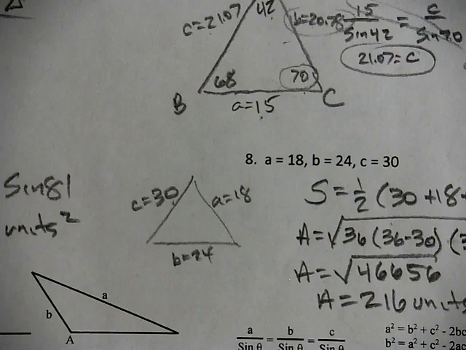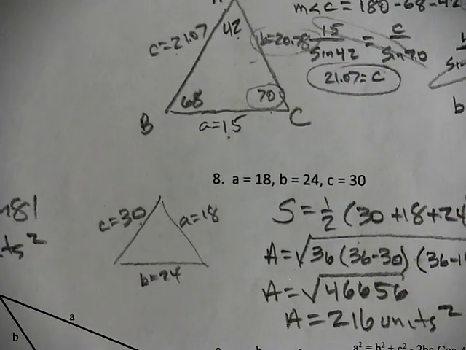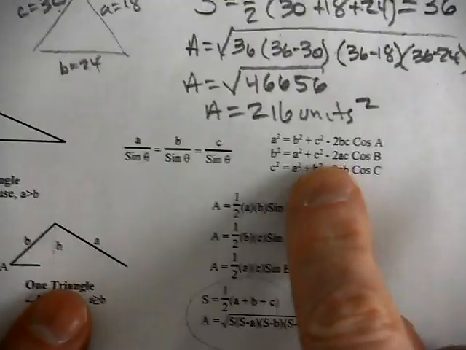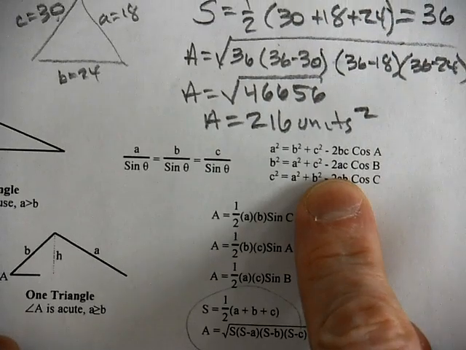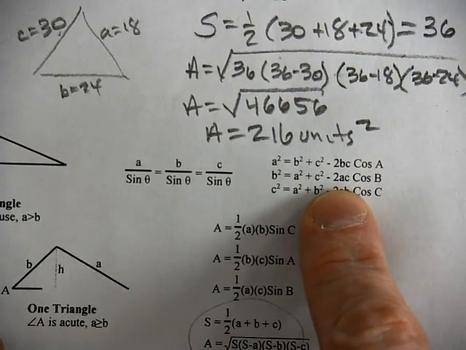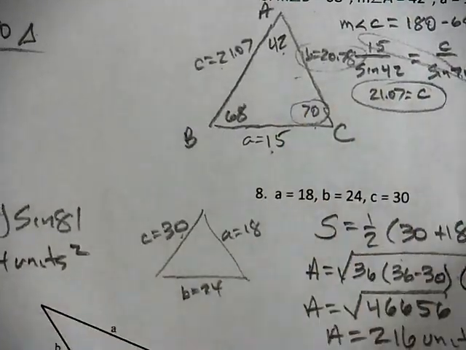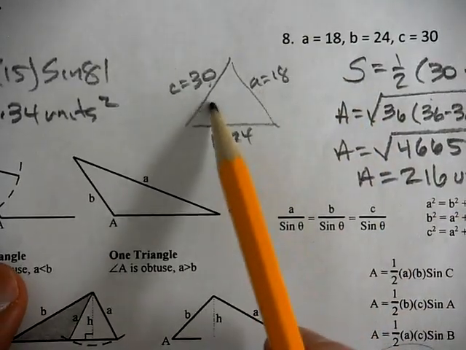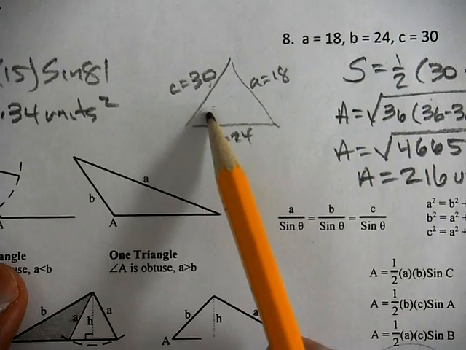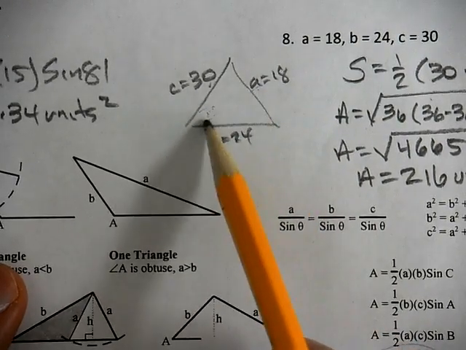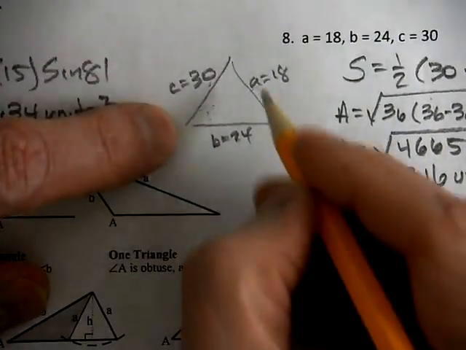So the one thing this review did not focus much on was law of sines. That is true. So you want to look at law of sines. You're going to use that when you don't have 2 bits of information. Kind of like here, if we were going to solve for an angle, we would need to use law of cosines.